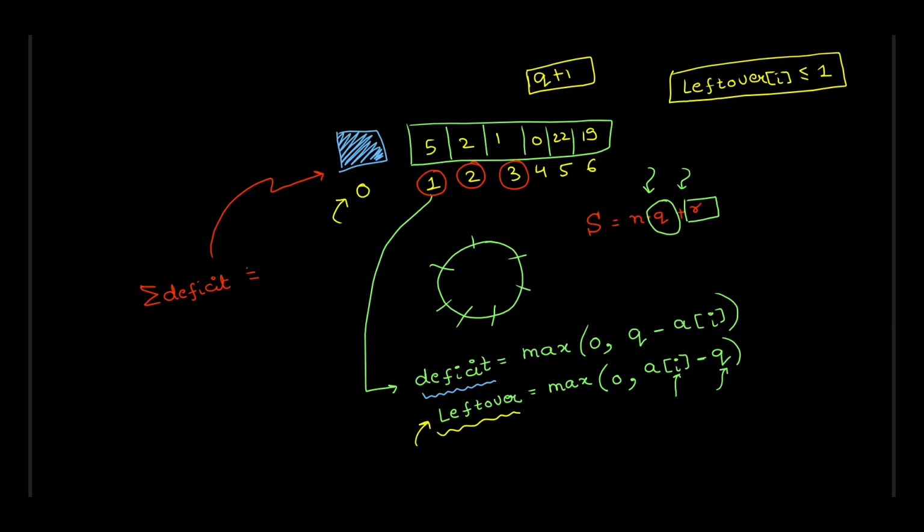But this time it will not be an equality, because this deficit you have only counted for the Q rounds. What about the case where in the last round some R people will participate, and the community box might hold additional balls for those R people? So the only thing that you can safely say is that this sum of deficits will be less than or equal to A of 0, which is the community box that is available.